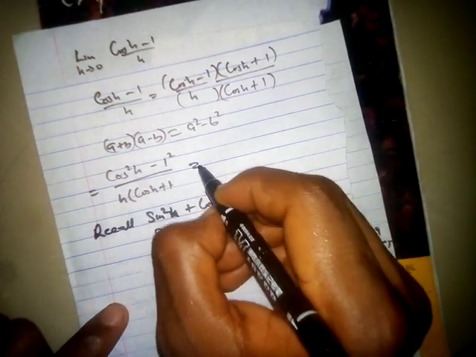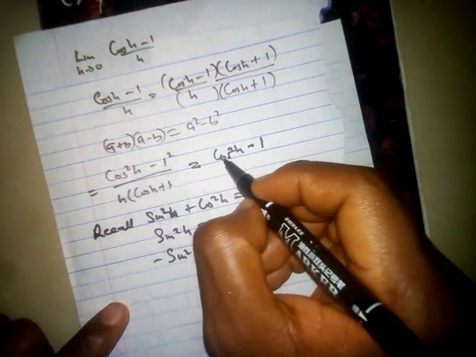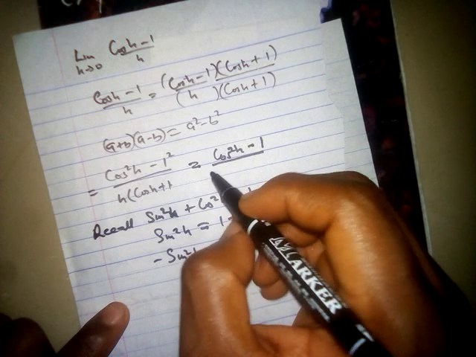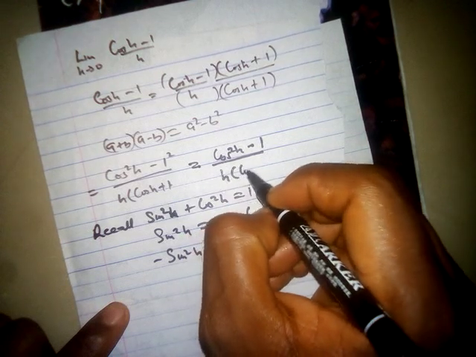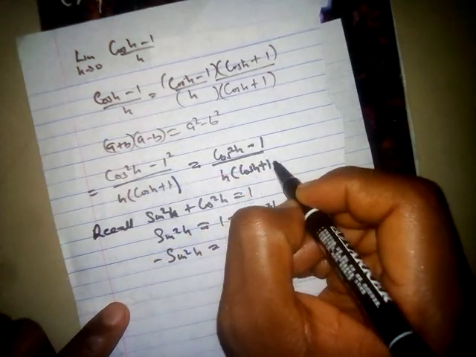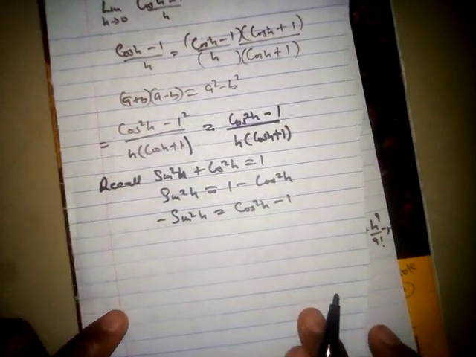So we have what we have here. This is equal to (cos squared h minus 1) all over h times (cos h plus 1). Please, there's a bracket here and a bracket here. Beautiful. So we move on.